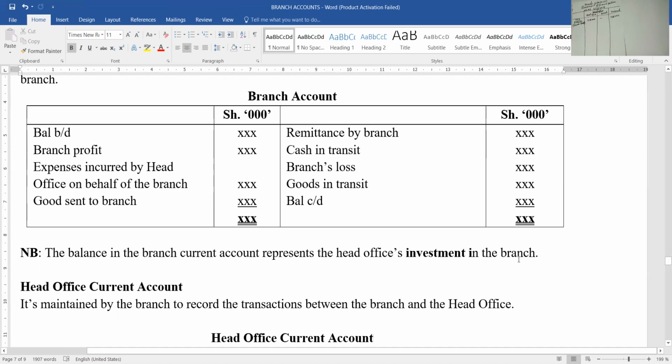So we have to record that branch current account as a non-current asset because it was an investment in the branch. By who? The head office. That is why the head office maintains branch current account. At the same time, to act as an account which assists the head office to oversee the transactions of that branch.